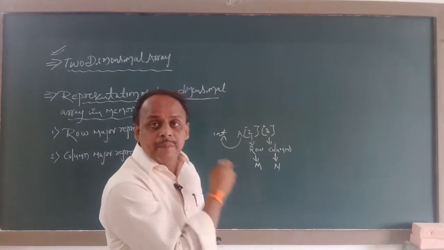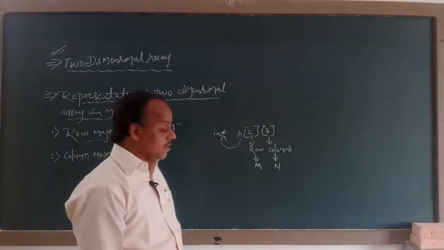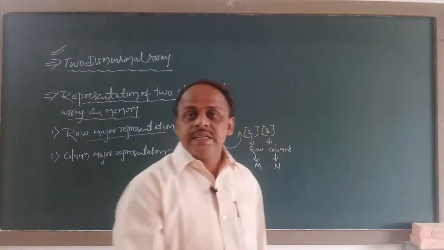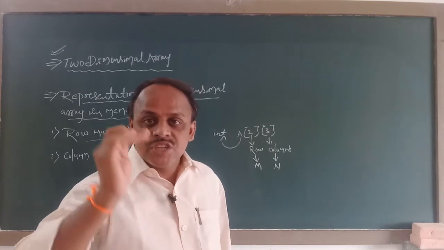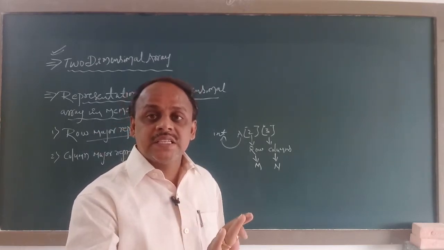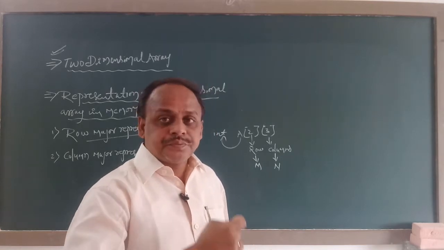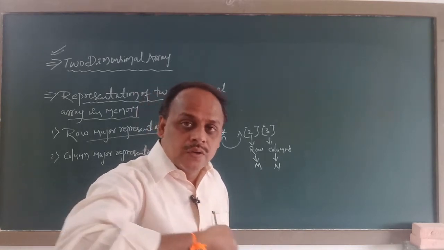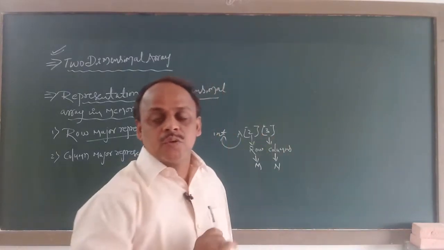Then how do we represent it in row major representation? Row major representation is nothing but array elements being stored row-wise. It means the first entered elements are going to occupy the first row.